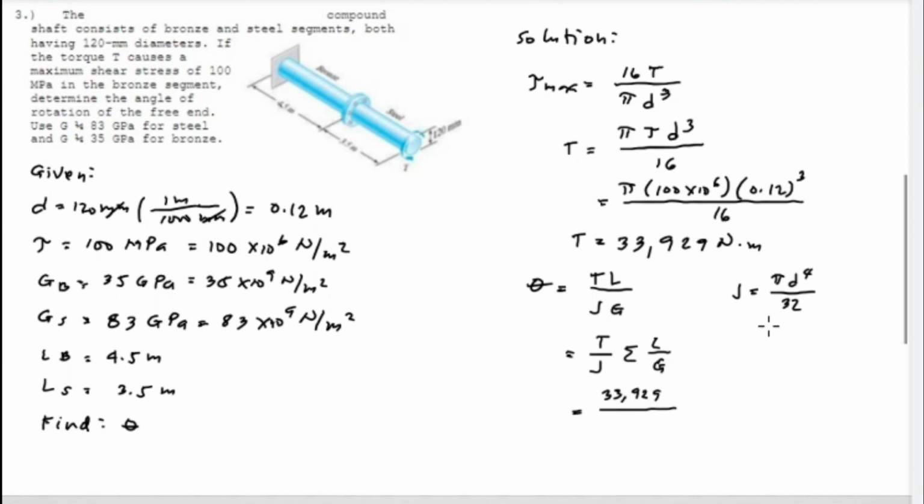And if we equate pi times 0.12, which is the diameter, exponent 4, and we divide by 32. So we have J, which is equal to 3.1416 times 0.12 exponent 4, and we divide by 32, and the value is 2.04 times 10 to the power negative 5, and it is in meter to the fourth.